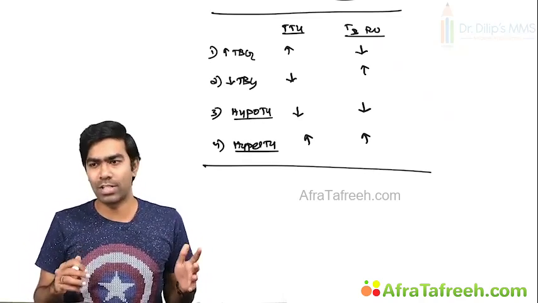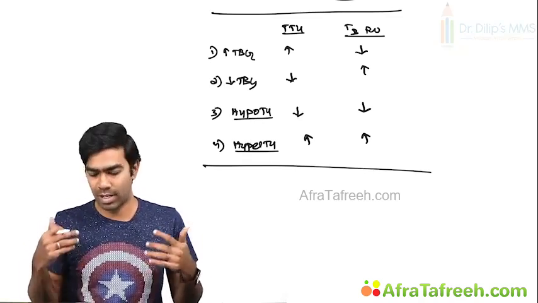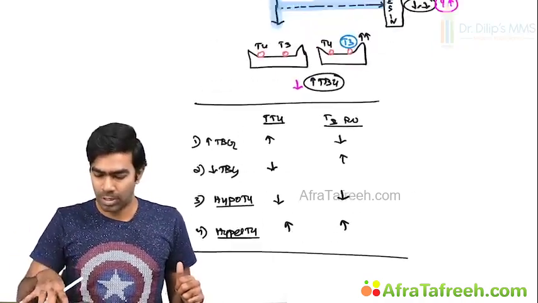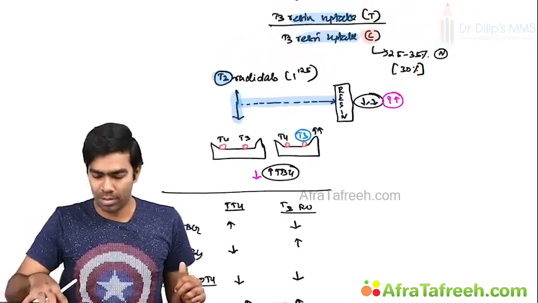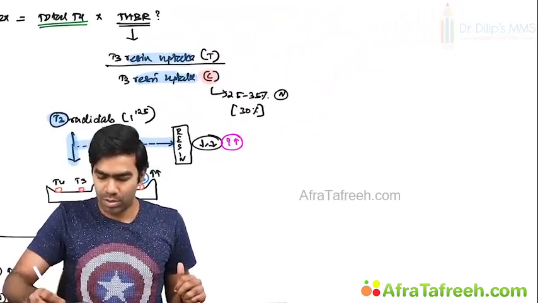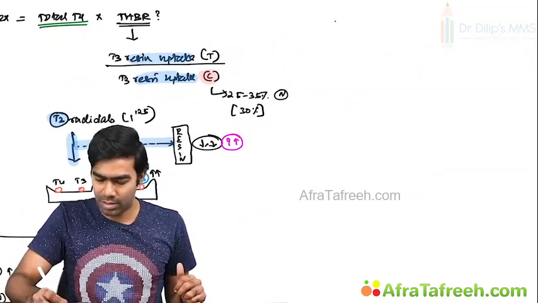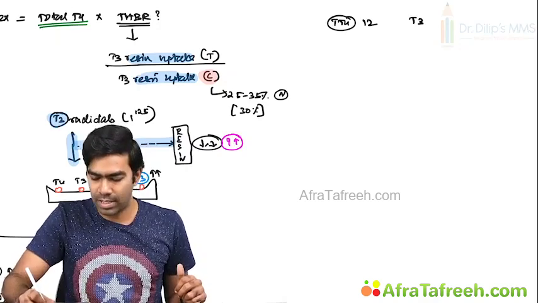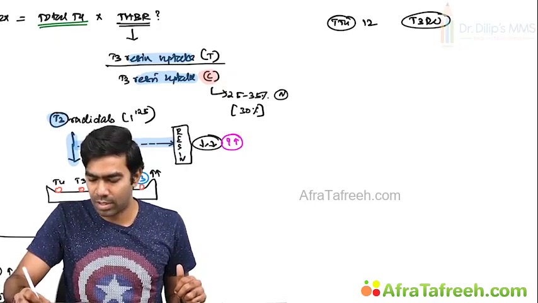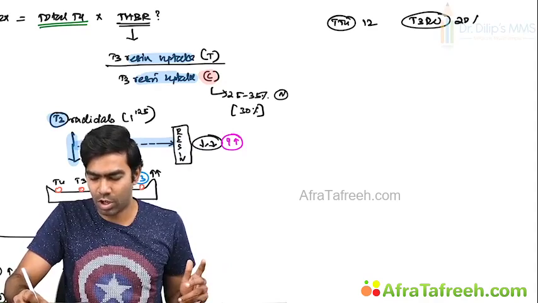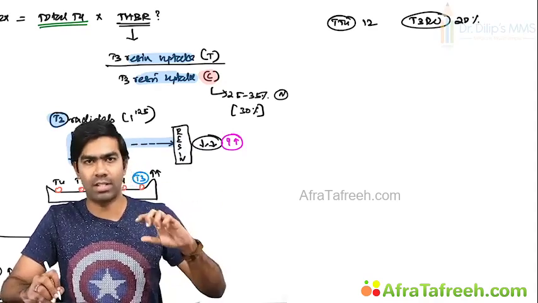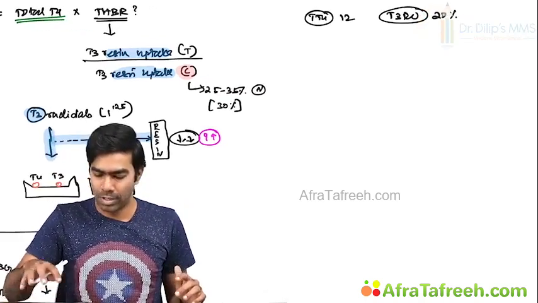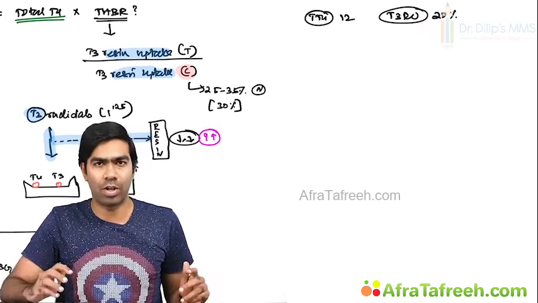So these are the things you will see in a low TBG state, high TBG state, hypothyroid state and hyperthyroid state. Let us calculate with an example. Suppose you have a total T4 value of 12 and the T3 resin uptake value is around 20%. Normally it is 25 to 35, average is 30, but here only 20% uptake is happening. So how can I calculate the free T4 index?